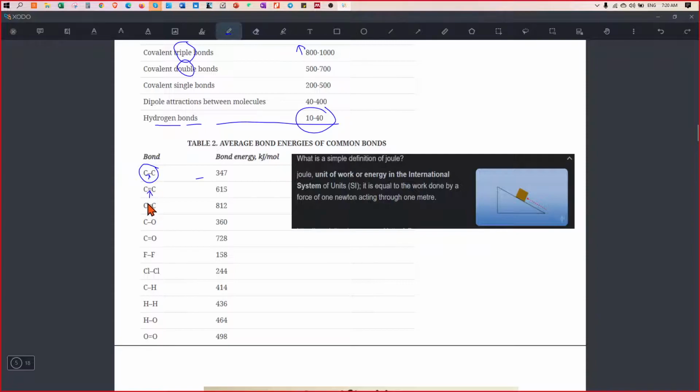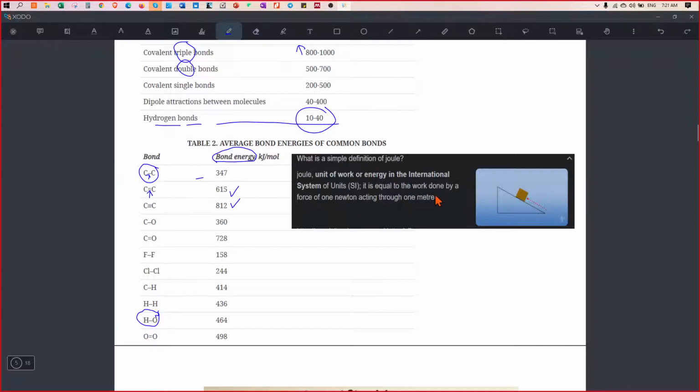As the number of bonds increases, you have a higher bond energy. Okay, so bond energy is the amount of energy needed to break it. Okay, right? And then between the carbon and oxygen, that's even higher. Okay, all right. Yeah. What about between the hydrogen and oxygen?